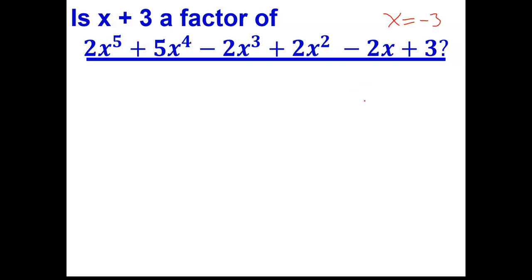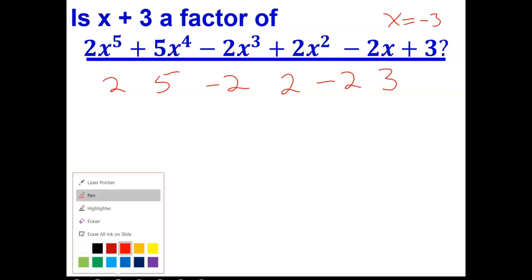So we check our degree. We have 5, 4, 3, 2, 1, so everything is complete. So we have these two and positive 5 and negative 2, positive 2, negative 2, positive 3.